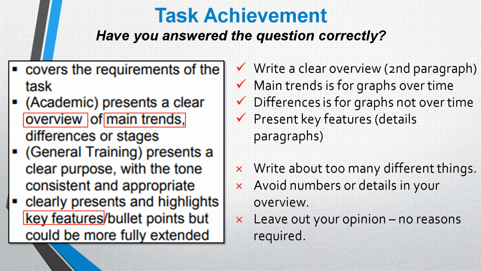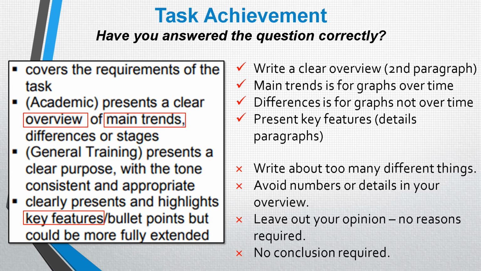They're not required here. And you're not going to be writing a conclusion. A conclusion would simply be repeating the summary paragraph, the overview paragraph that you're writing here. So therefore it would not make sense, it would not be coherent to have a conclusion as well as a summary paragraph. So we'll not be writing a conclusion.